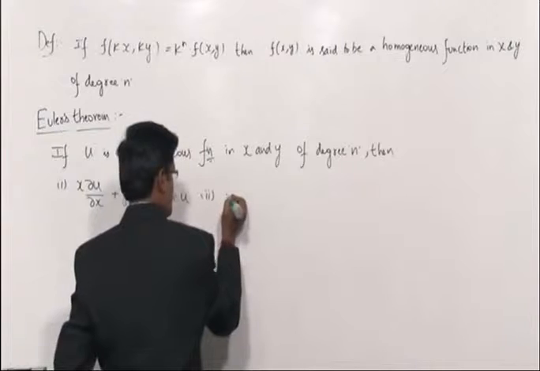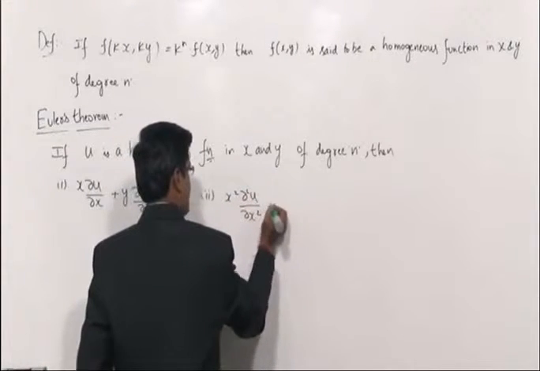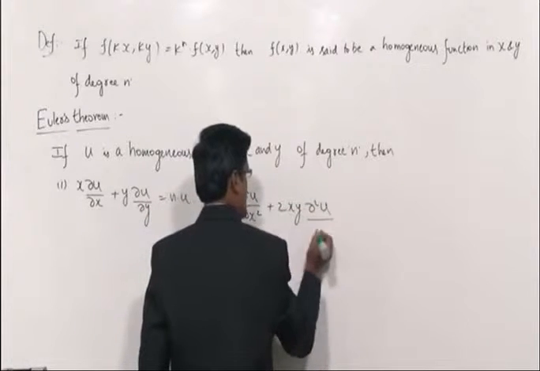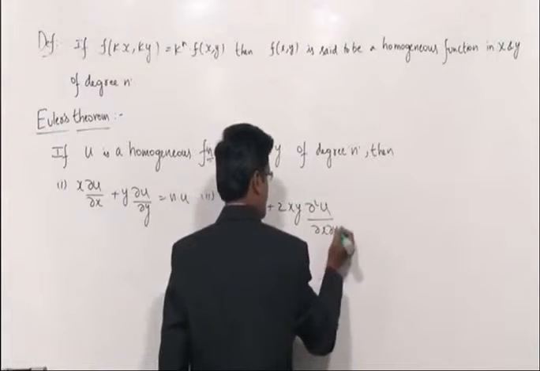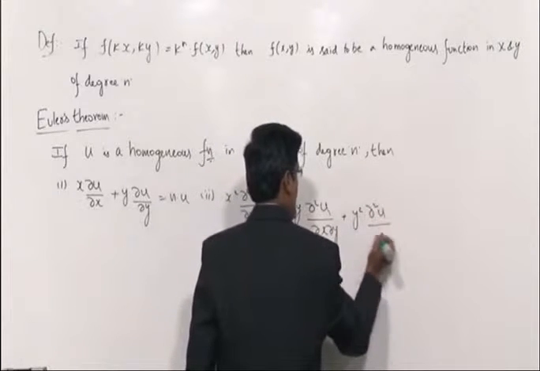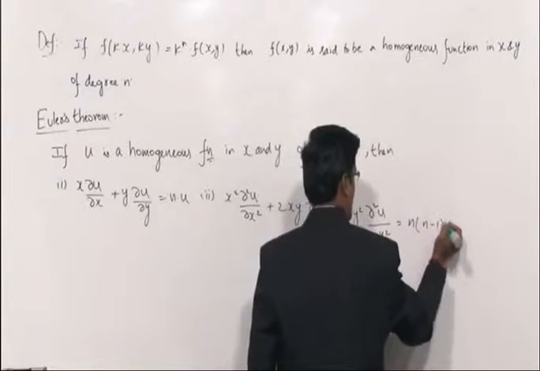Statement 2 is x square del square u by del x square plus 2xy del square u by del x del y plus y square del square u by del y square is equal to n into n minus 1 into u.